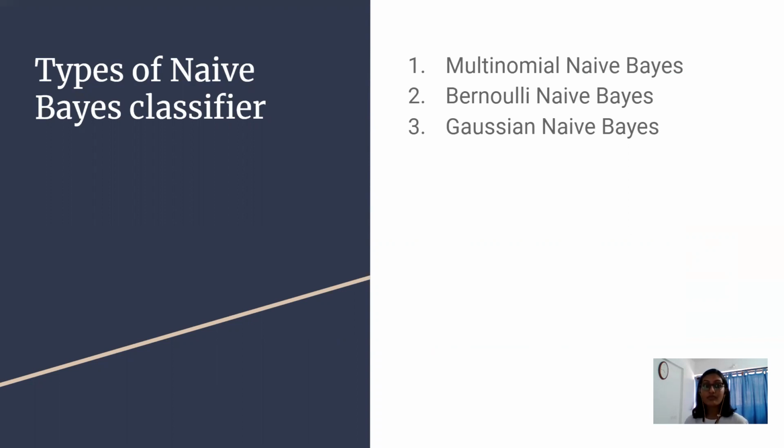The second type of naive Bayes classifier is Bernoulli naive Bayes. This is similar to multinomial naive Bayes, but the predictors are Boolean variables. The parameters that we use to predict the class variable take up only the value yes or no. For example, word occurs in the text or not.